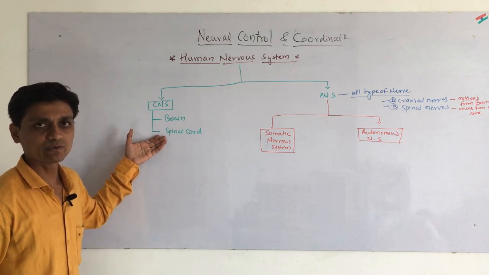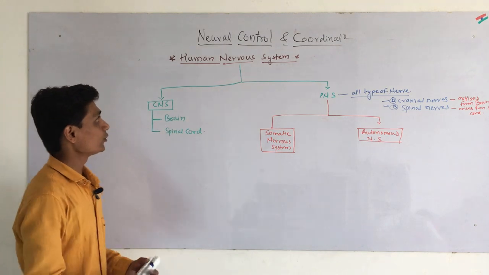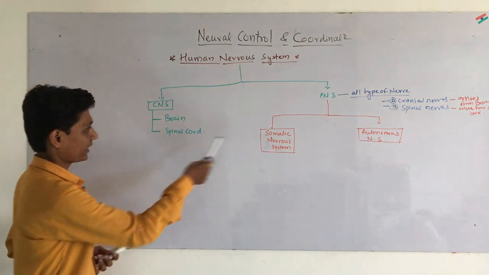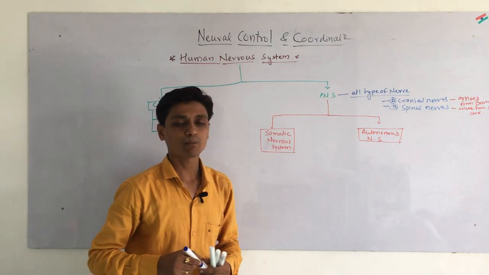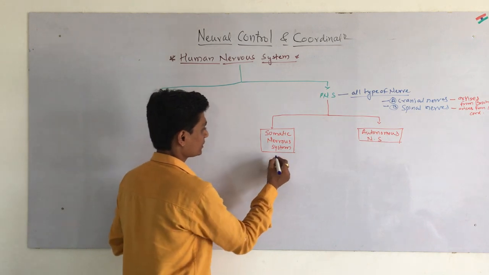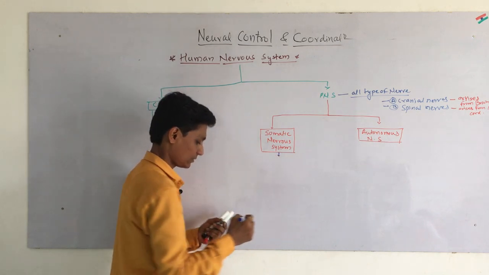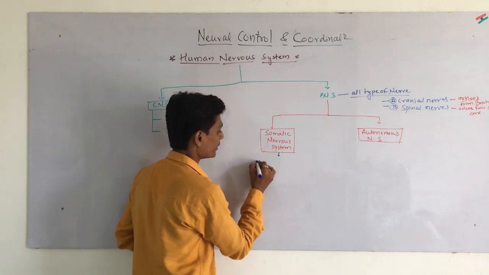We will discuss all the structure and parts of the brain as well as the structure of the spinal cord in upcoming videos. We will just look at the T diagram containing the human nervous system, and the somatic nervous system and autonomous nervous system under the peripheral nervous system. The somatic nervous system controls the voluntary movements.